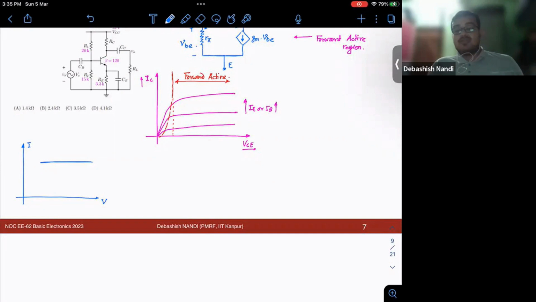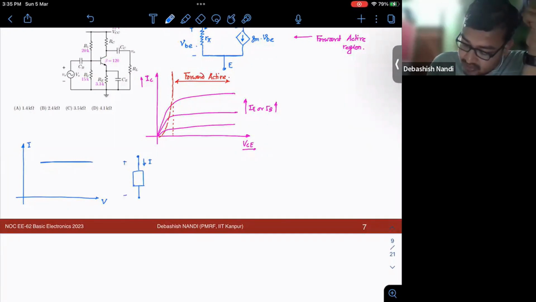From this plot, can you guess what is the element across which I am measuring I and V? My question is, if this is a network element, this is my I and this is my V across it. What is this element?